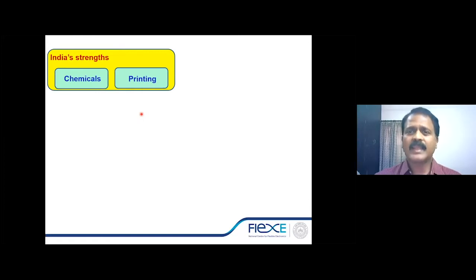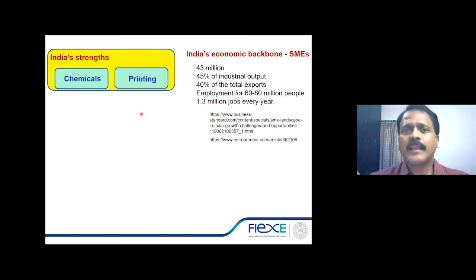But the backbone of the Indian economy is the SMEs. We have 43 million of them, which contribute 45% of the industrial output and 40% of the total exports, and they provide employment to about 60 to 80 million people and generate about 1.3 million jobs a year. So the belief is that these SMEs, perhaps because of the lower capex involved, would be able to absorb this technology and set it up.